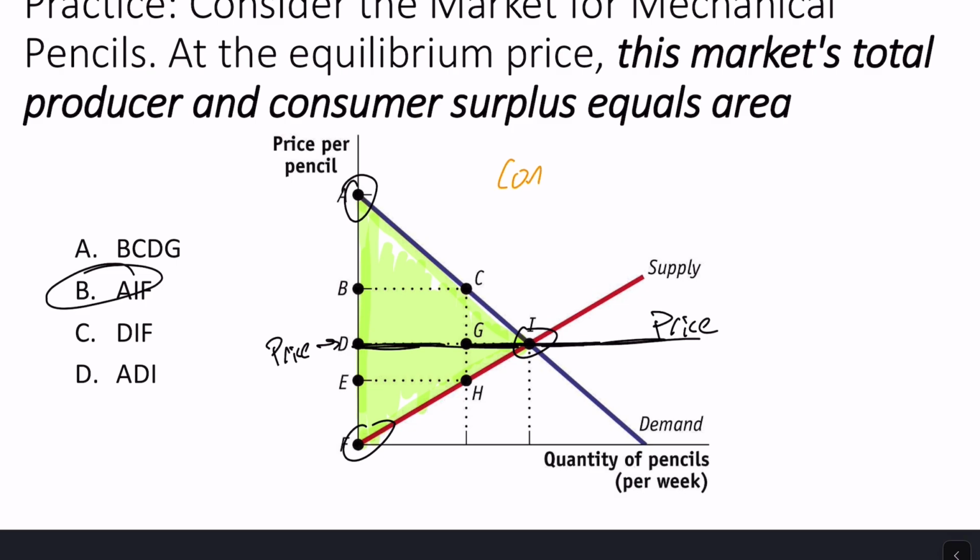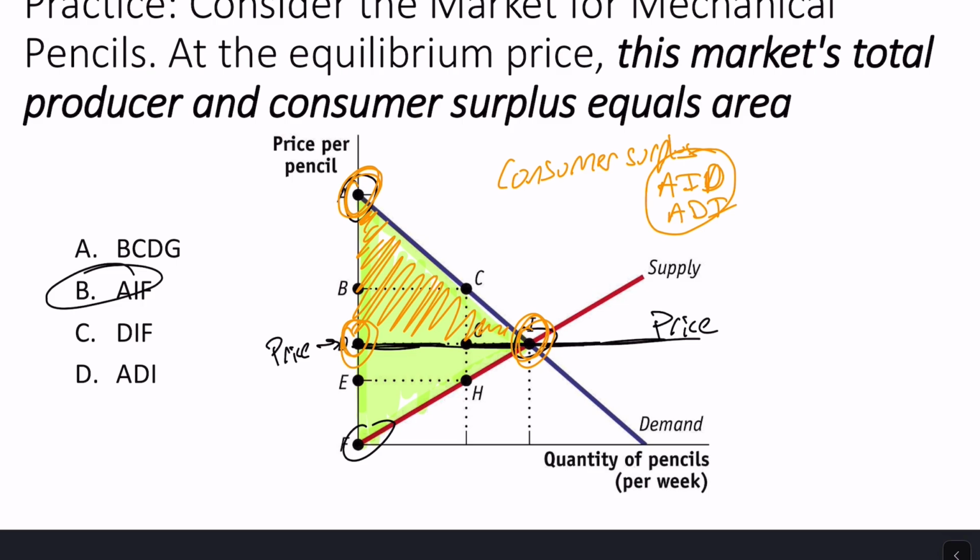All right, consumer surplus, we'll do this in orange. That's everything above the price but below demand. So there we're going to use A again. We'll use I, and then we'll use D. Right? And so you can use AID, ADI, whatever. It doesn't matter. Those letters over here, it'll always be multiple choice for you.